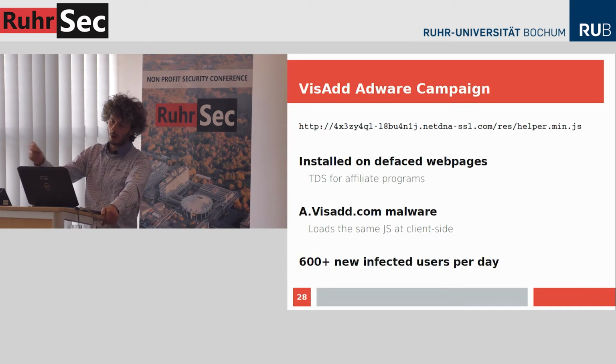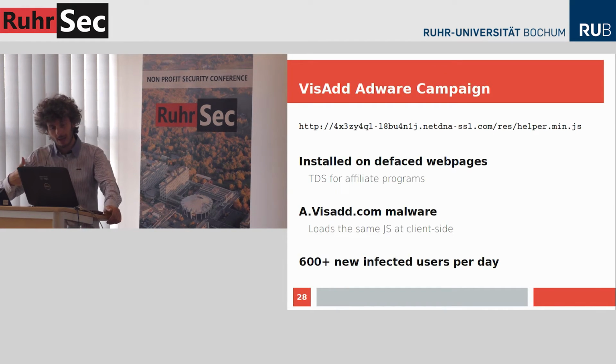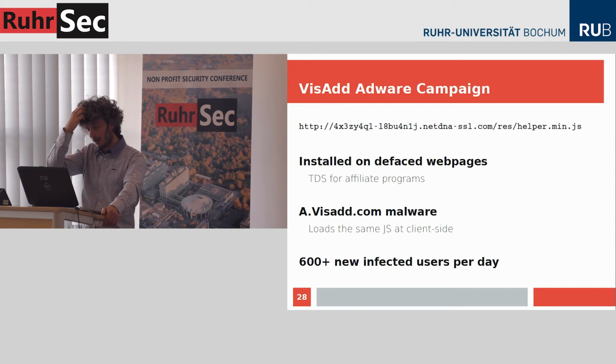So this threat is still ongoing, and actually we are the first to uncover the fact that on top of using this JavaScript at client side by malware, the bad guys also use the JavaScript at server side as a traffic redirection system.